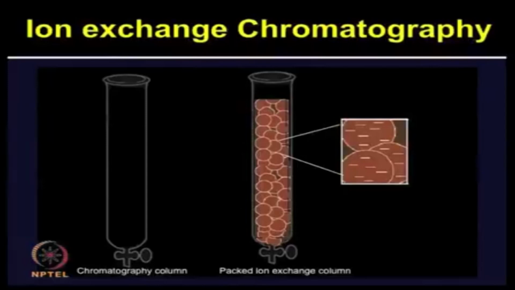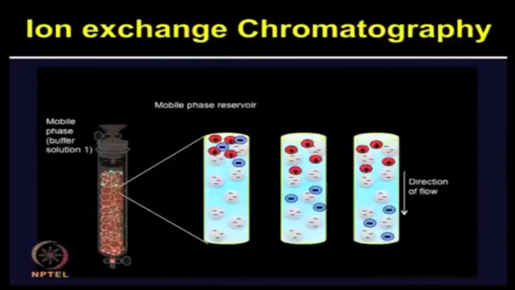So, in ion exchange chromatography, the column is packed with a resin, whether it is a cation or anion exchanger, depending upon the charge of the protein that needs to be bound to the column and purified. Proteins are adsorbed to the ion exchange column, and then they can be desorbed by increasing the salt or altering the pH of the buffer, which can change the charge on the protein.